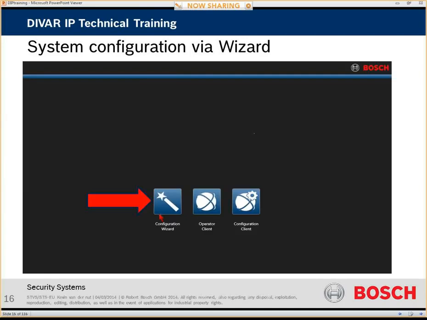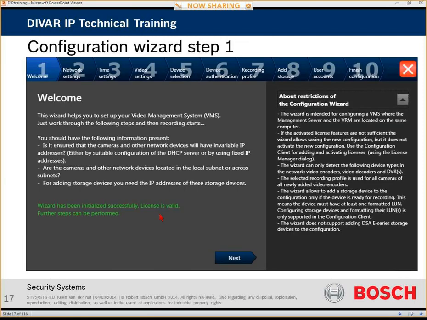As mentioned, we have a configuration wizard icon that we simply click, and as soon as we hit this, it will automatically take us into the first step of the wizard, where we have some informational messages as well as an initial license check being performed. You'll see there's some information to ensure that all devices are configured with an IP address on the network.